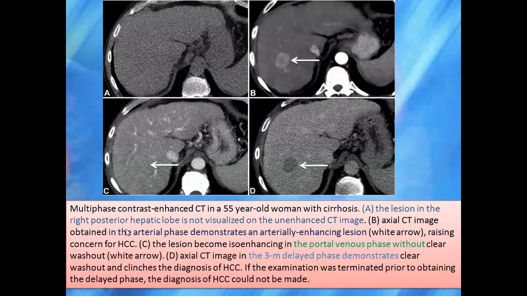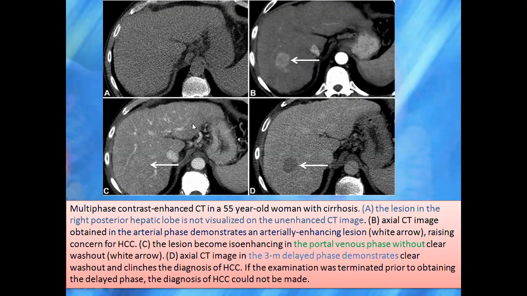This is a multiphase contrast-enhanced CT of a 55-year-old woman with cirrhosis. A. There is a lesion in the posterior hepatic lobe, but it is not visualized on unenhanced CT. B. The arterial phase demonstrates an arterially enhancing lesion, raising the suspicion of hepatocellular carcinoma.